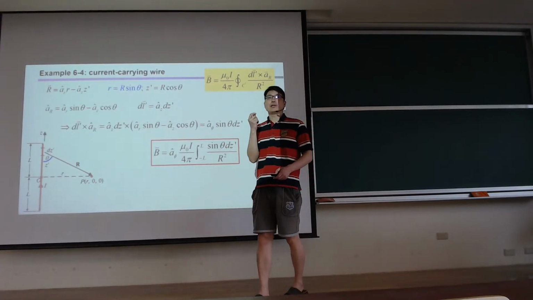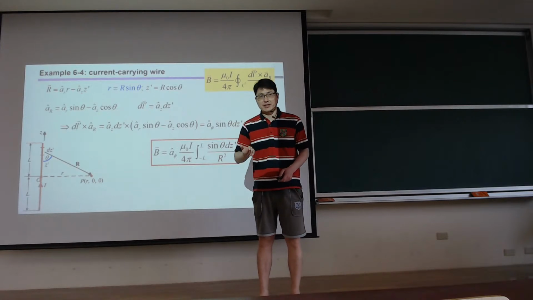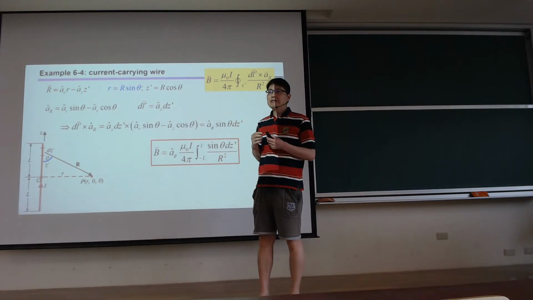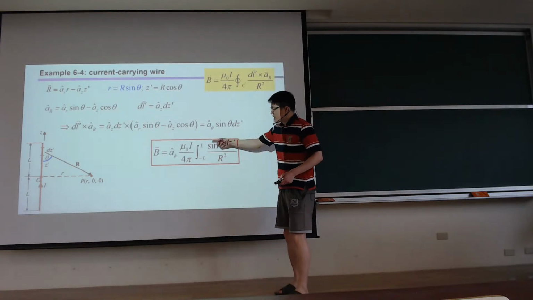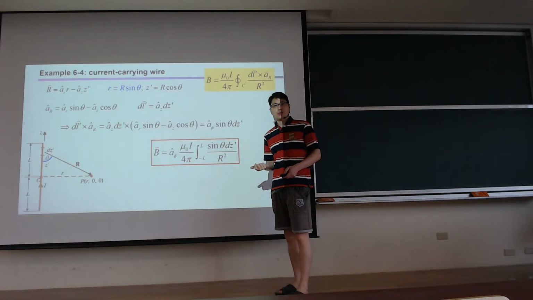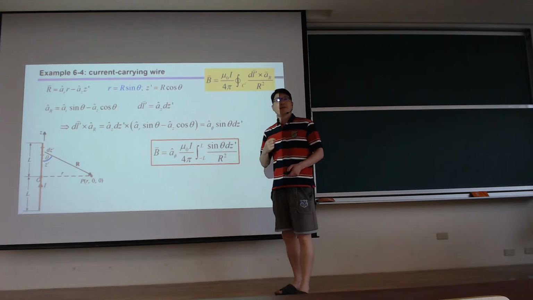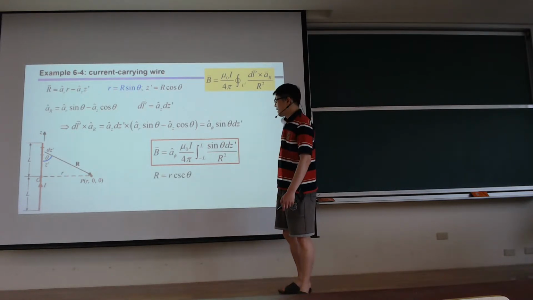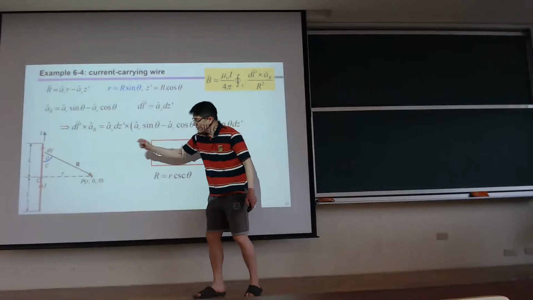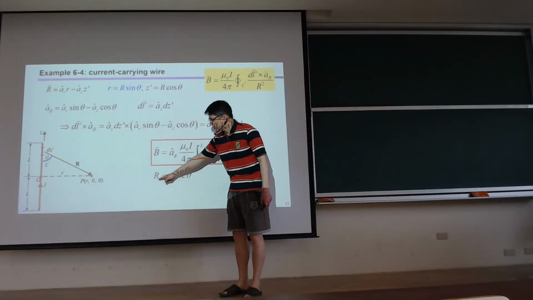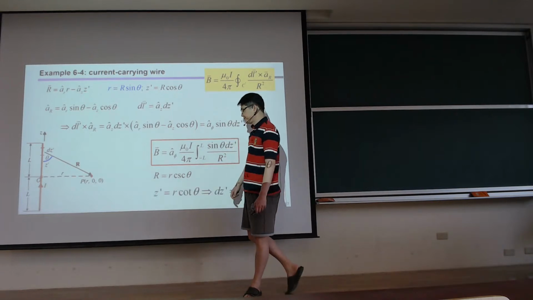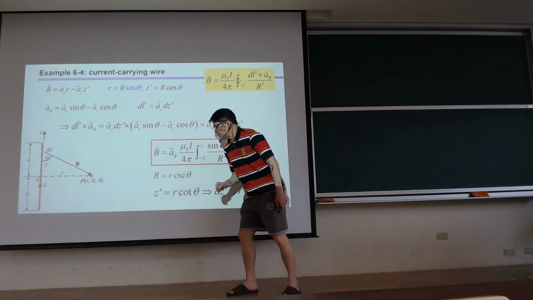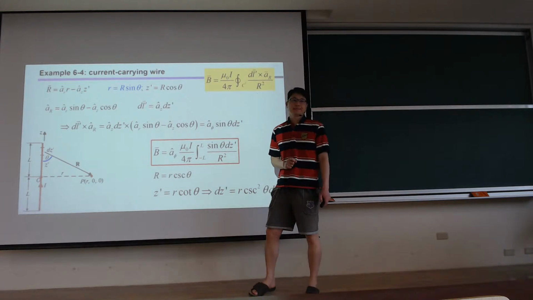So actually, these are all Z dependent. So we have to find a way to properly formulate everything in a single parameter, right? The easiest one is to convert everything using trigonometry to be theta dependent. How can we do that? Well, look at the geometry. This distance magnitude is R cosecant theta, and Z prime is R cotangent theta.